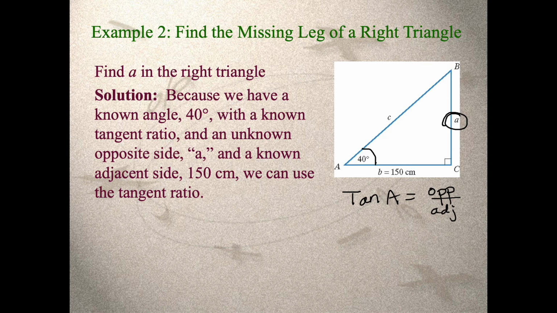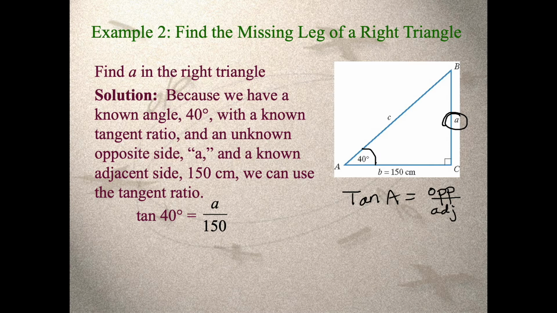We don't know the opposite, that's our A, and we know our adjacent of 150. So here's what it's going to look like. Tangent of 40 degrees equals A over 150. Now that we filled in what we know, we can use this to solve for A.